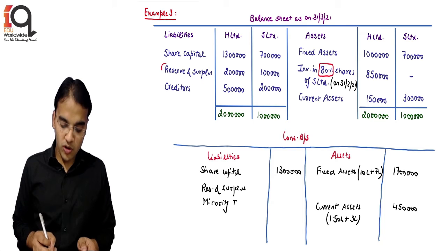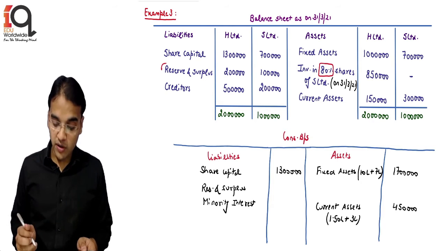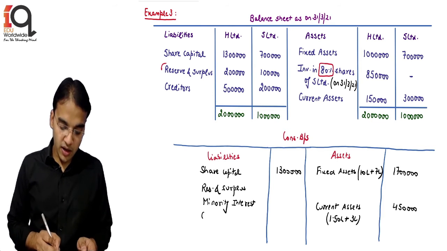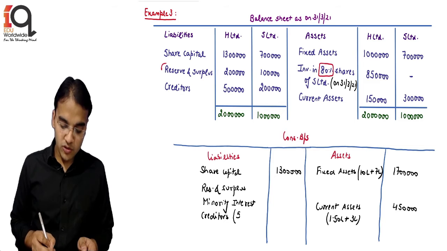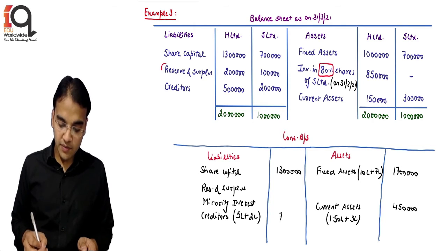The reason is because 100% is not owned by holding, it is only 80%, so that's why minority interest will obviously come. And there are creditors, that is 5 lakh plus 2 lakh, that is 7 lakh.